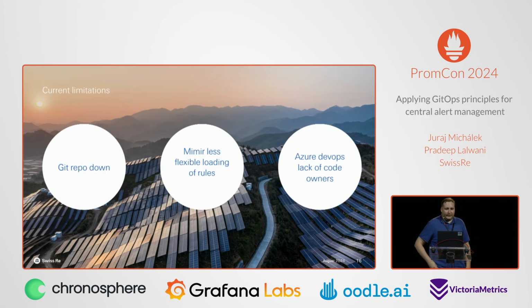So there are some limitations, however, to this setup. We have definitely seen problems when, for example, we cannot reach Azure DevOps. In that case, the Git sync cannot pull new changes.